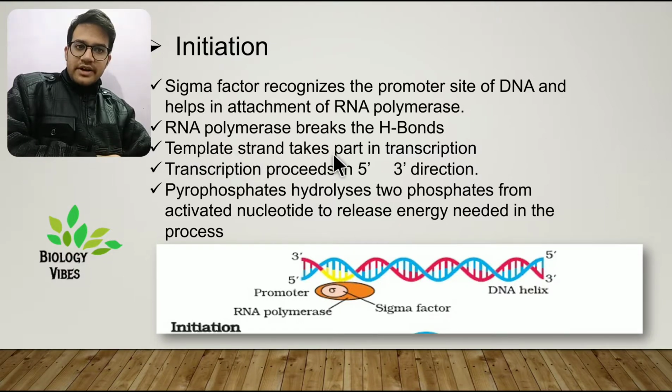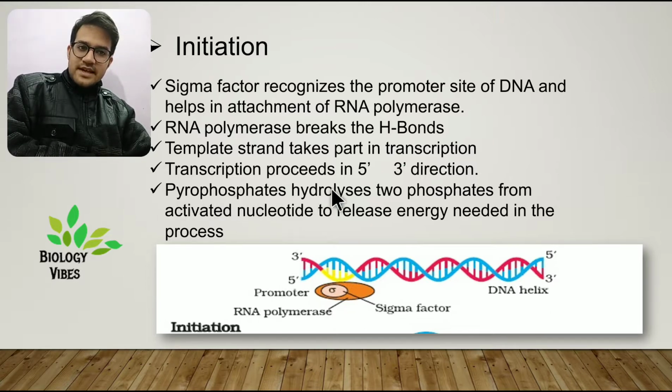The template strand takes part in transcription, the main one, that is the baseline, and the complementary strands need to be added. The transcription proceeds in the 5' to 3' direction. Pyrophosphatase hydrolyzes two phosphates from the activated nucleotide to release the energy needed in the process. So basically it's an energy dependent process.